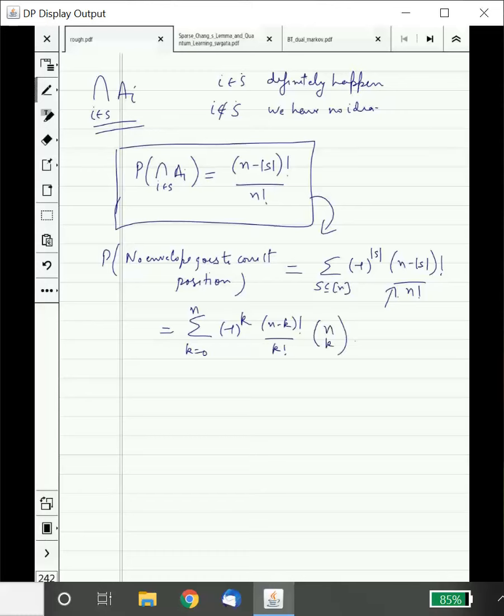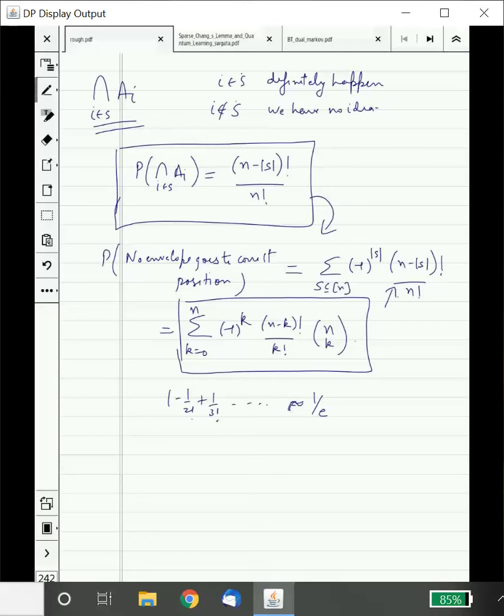So we get this formula from inclusion exclusion. It looks like 1 minus 1 plus 1 by 2 factorial minus 1 by 3 factorial and so on. So if you do a bit of analysis, this approaches 1 by e. So as n becomes close to infinity, the probability that no letter goes to the correct envelope becomes 1 by e.